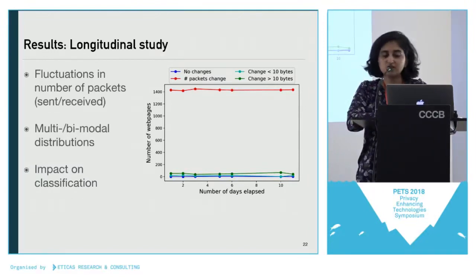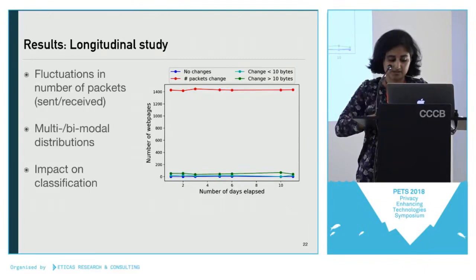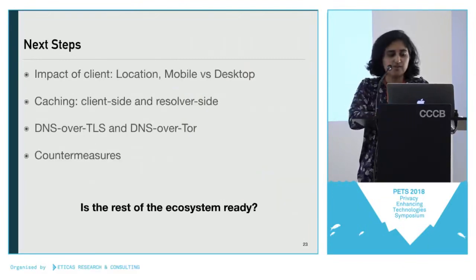And these factors could have an impact on classification. We are also considering other classification models outside of the HMM and seeing whether we can extract higher level features than individual size sequences. We have also started a few other experiments.